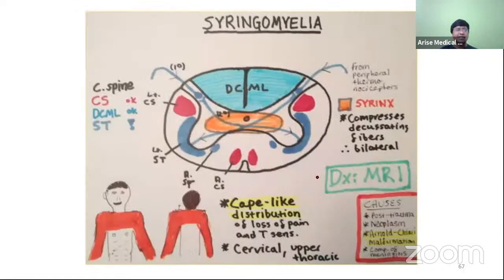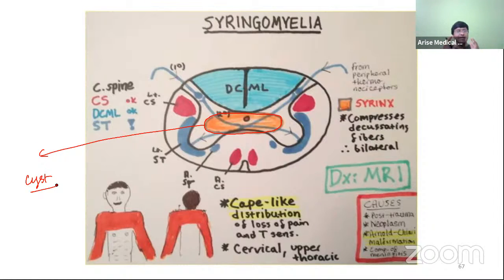Now, this is how the cut section will appear. This orange color, whatever is there, is your fluid filled cyst, exactly at the center of the spinal cord.